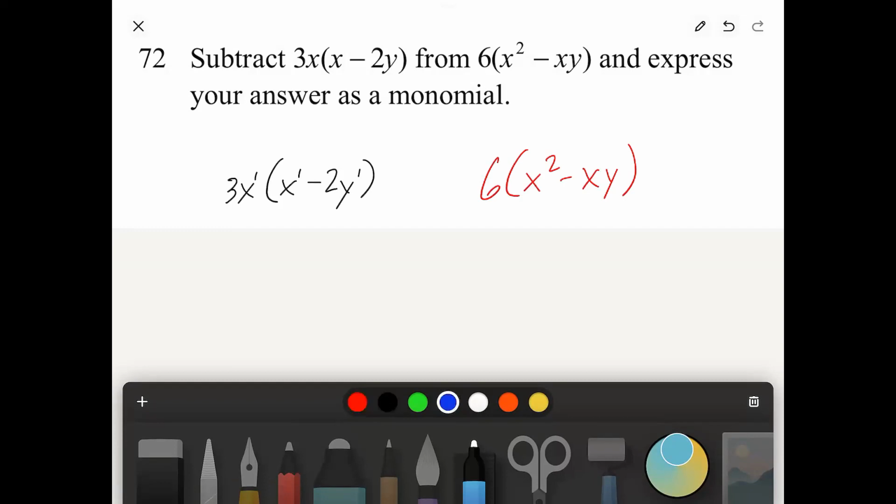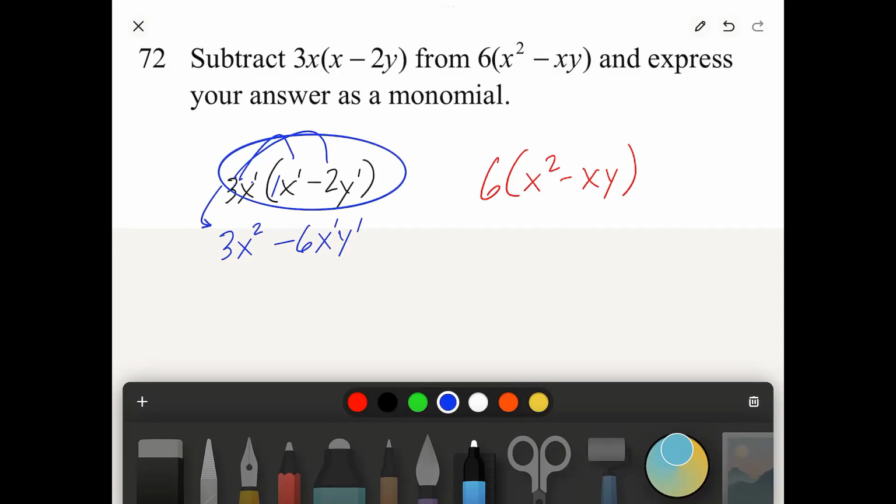Once we multiply these two together, 3 times 1 is 3. x to the first power times x to the first power is going to be x to the second power. And then 3 times -2 is going to be -6. And then x^1 times y^1 is just going to be xy. So this is equivalent to this.